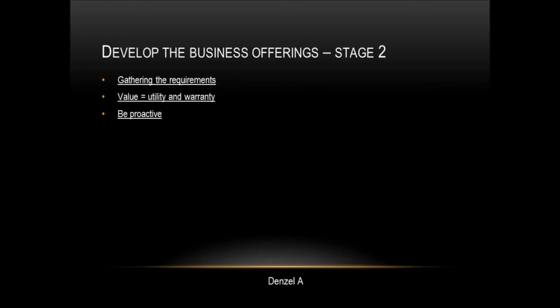Develop the business offerings, stage 2. This stage involves gathering the requirements, the value, and being proactive. The following stage for the business to consider is all the requirements they will need to gather, such as an analysis of what the customer needs, which will increase the value of their services, as this is for the customer's benefit.